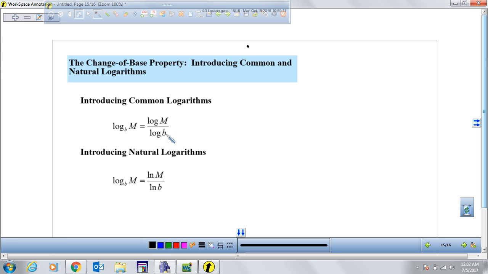If we write it in this format, then you see that now there is no base on both of these logs that we created, which means that the base is 10 for both. Also, there's another property that tells you that you can interchange it. So instead of writing it as log of m divided by log of b, if I write it as natural log of m divided by natural log of b, then it's going to give you the same result if you use it in the calculator.